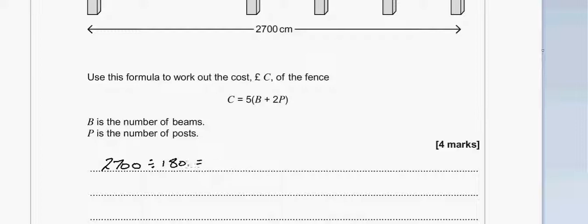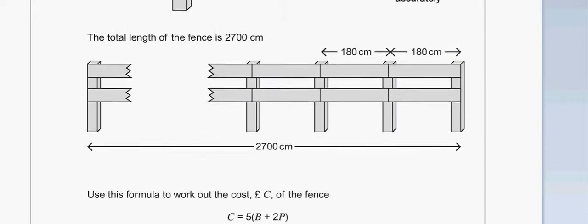So if I divide that, I think it's 15, but I'll just check. 2,700 divided by 180. Okay, so I was right, that's good. So this would be 15 stages.